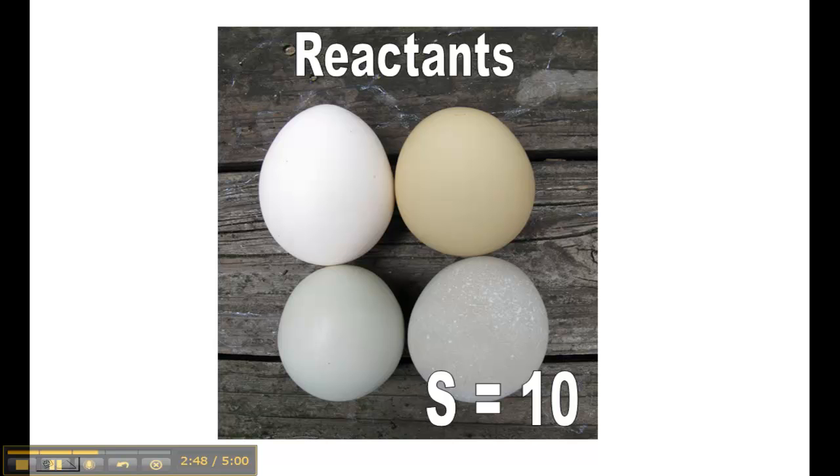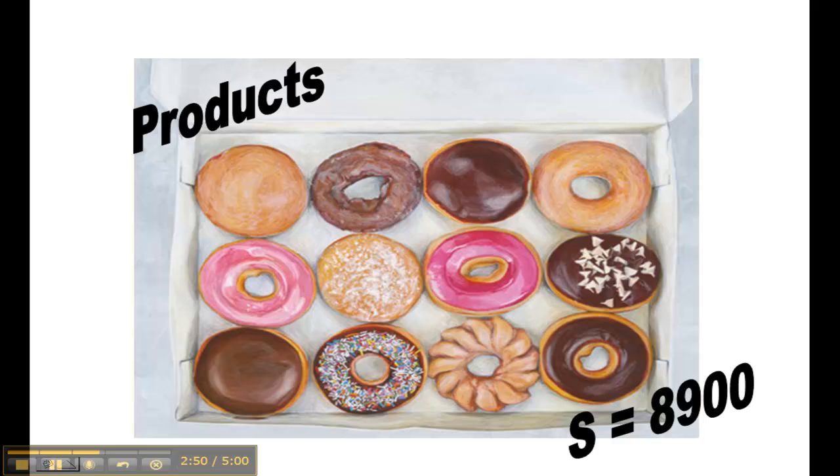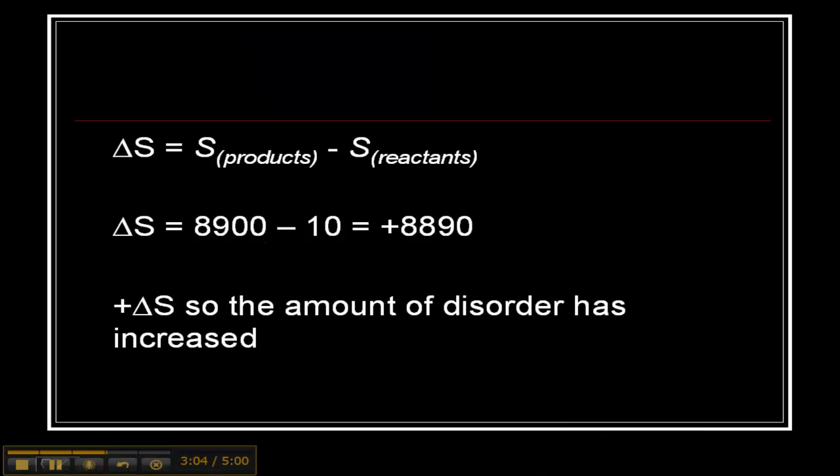Now let's say our products here are a dozen donuts. So we've got a dozen of these donuts, so we have a much greater number of possible arrangements. Let's say that there's 8,900 ways to rearrange these dozen donuts. So for this example, delta S is going to be a positive 8890. So the amount of disorder is going to increase from reactants to products.